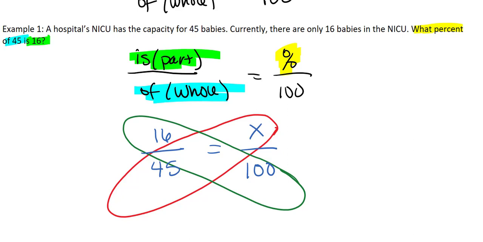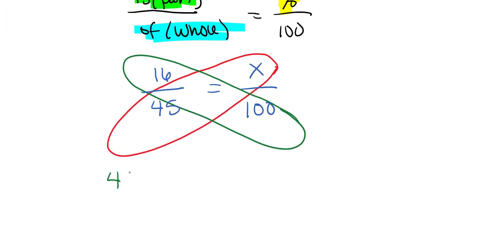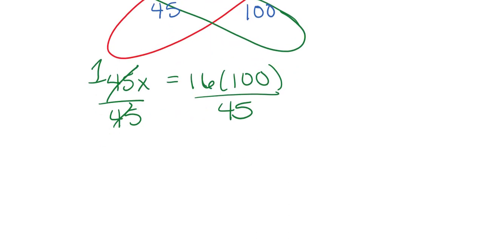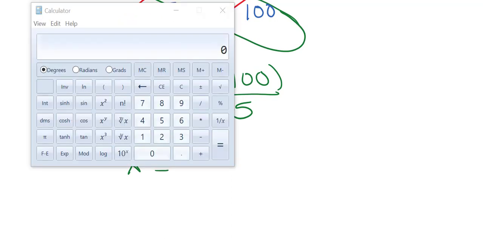So 45 times x, so that's there. Then we have 16 times 100. Then to get x by itself, we just divide by 45 on both sides, because that just becomes 1. So we're left with just x on the left-hand side. Then we can pull our calculators out and solve.